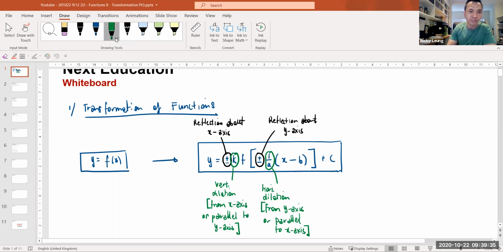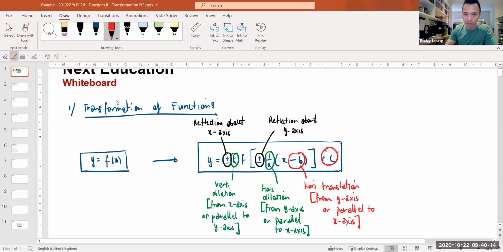So last but not least, we have a horizontal translation, or a shift horizontally. Maybe I'll do it over here so I have a bit of space. Using the same language there, I think they can say it's a translation from the y-axis or parallel to the x-axis.